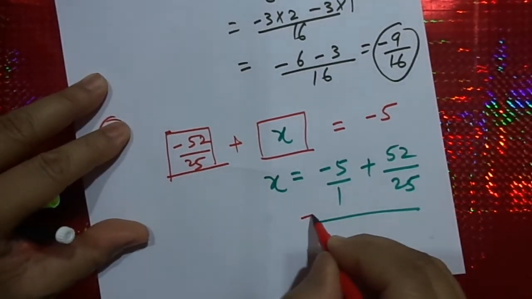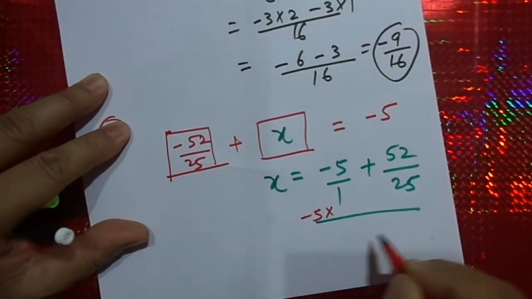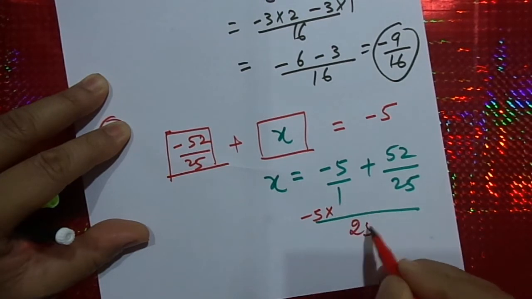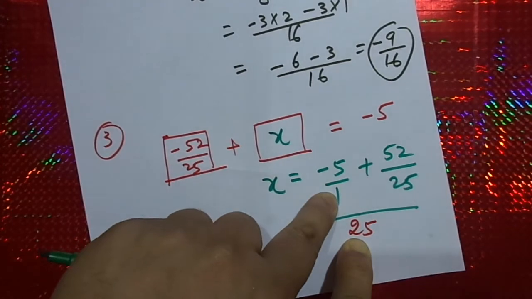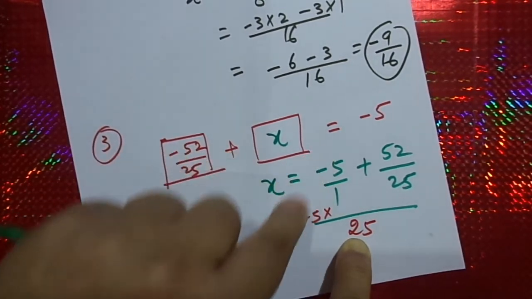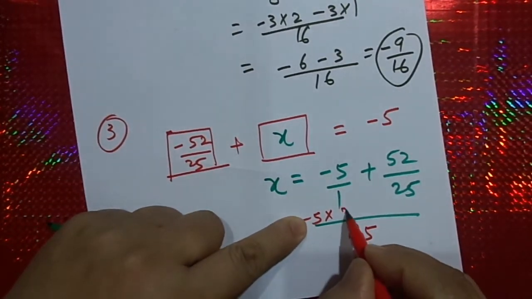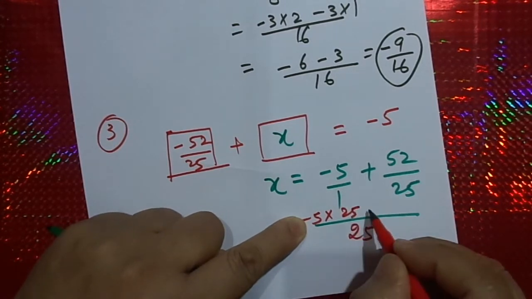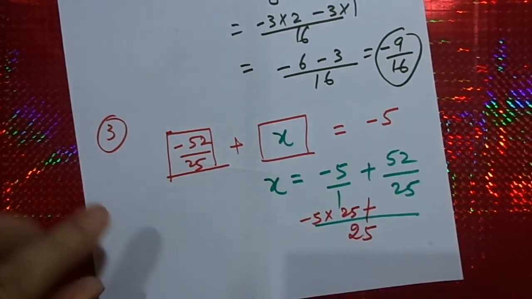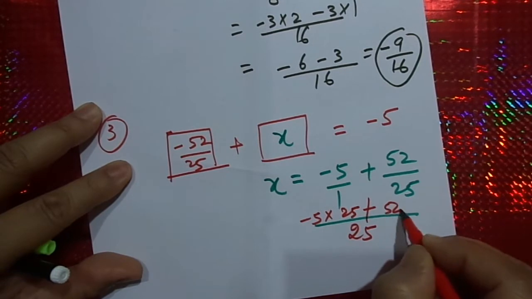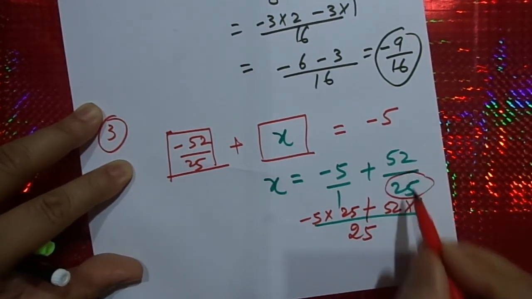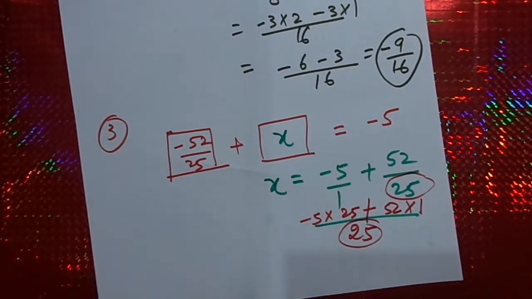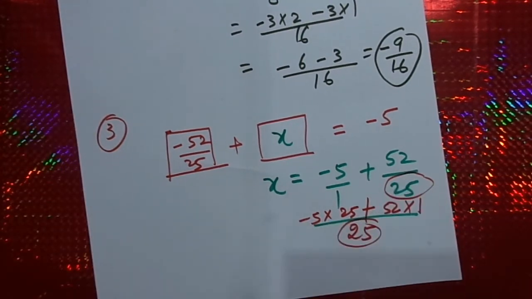Here when you solve, what will you get? The LCM should be 25, so minus 5 multiplied by 25, plus 52 multiplied by 1, because here you see 25 and here you see 25, the denominator is equal to the LCM.